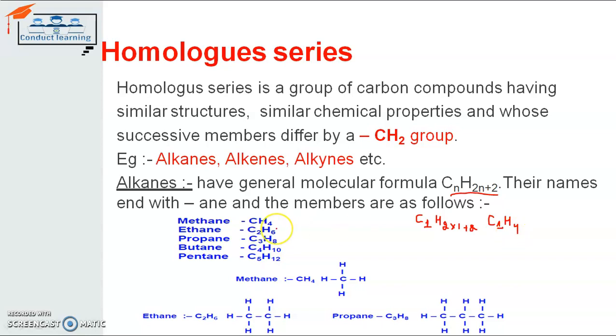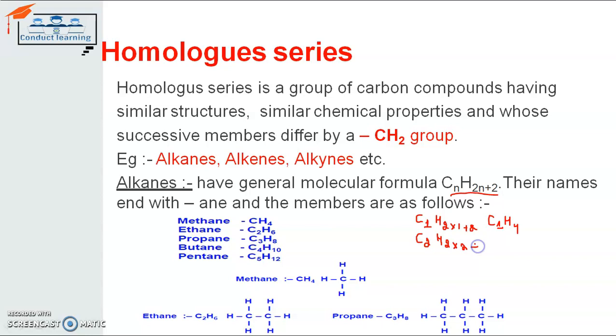In the same way the formula for ethane can also be derived from this molecular formula. The number of carbon atoms in ethane is 2. So accordingly the hydrogen atoms will be 2 into 2 plus 2, because the n value is 2.